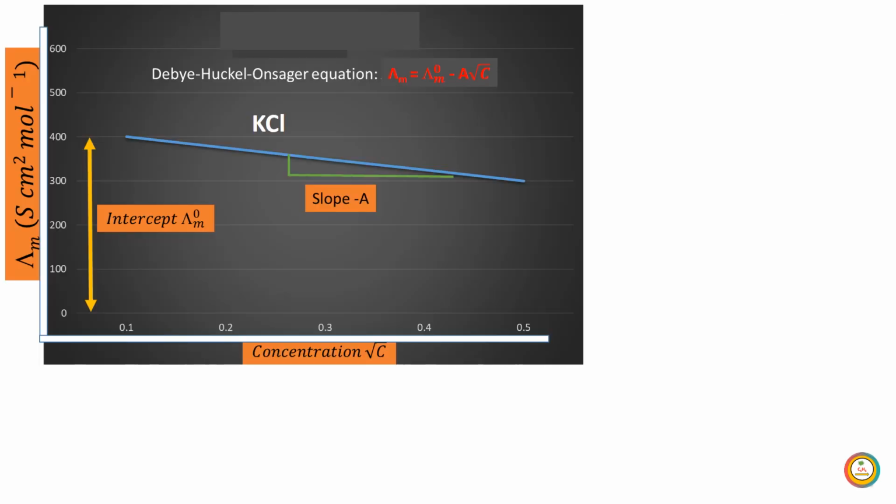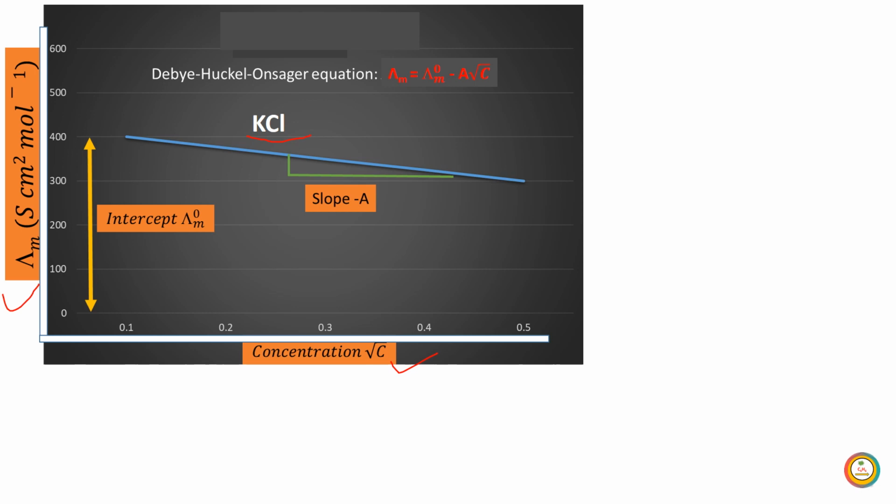Now look at this graphical representation. We draw this graph for KCl, which is a strong electrolyte. The graph is between under root concentration and lambda m, the molar conductivity. On the x-axis we have taken concentration, on the y-axis molar conductivity. The values are like this: 0.1, 0.2, 0.3, 0.4 and 0.5. These are concentration values.